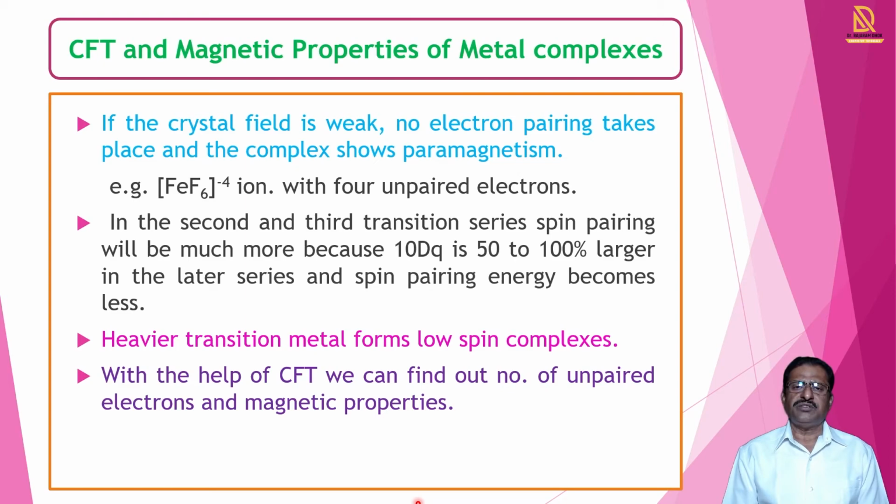So heavier transition metals form low spin complexes. In the second and third transition series, the number of unpaired electrons is less, and that is called low spin complexes. So with the help of this crystal field theory, we can find out the number of unpaired electrons and the magnetic properties of the complex.